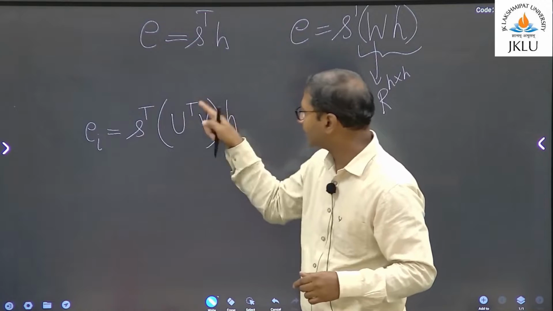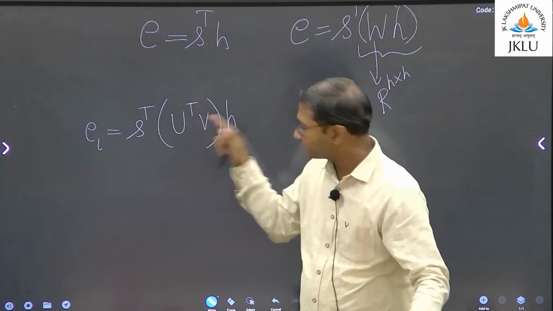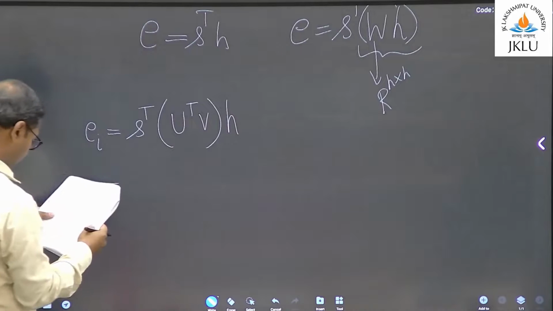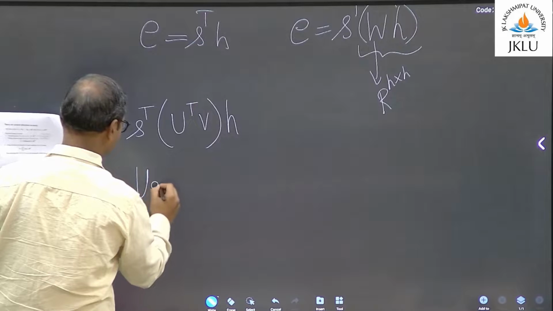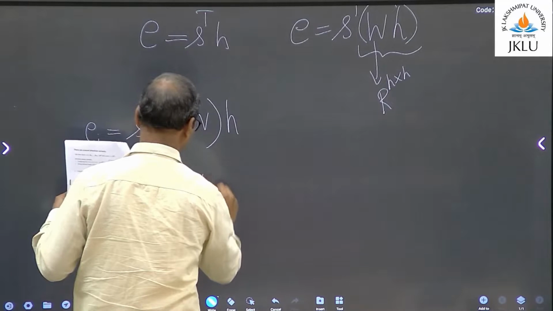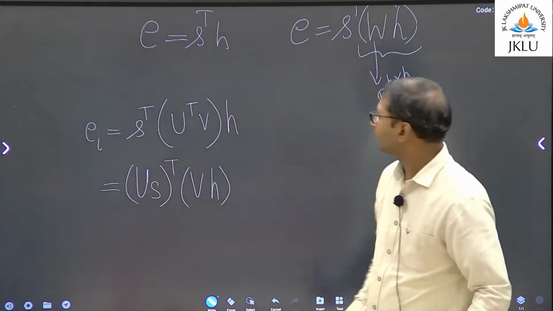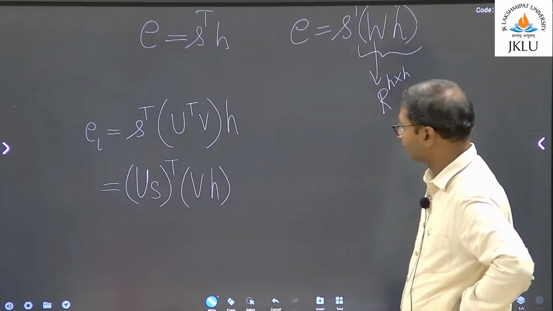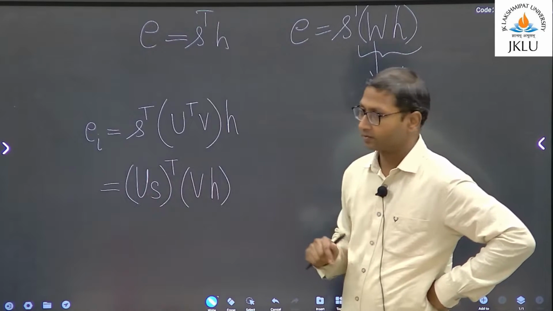So this is yet another matrix like W, but it's a multiplication of two different matrices. Now you do a little bit of linear algebra. How can I write this again? So this is nothing but U S transpose and V H. Sorry, U is a parameter matrix, V is a parameter matrix.